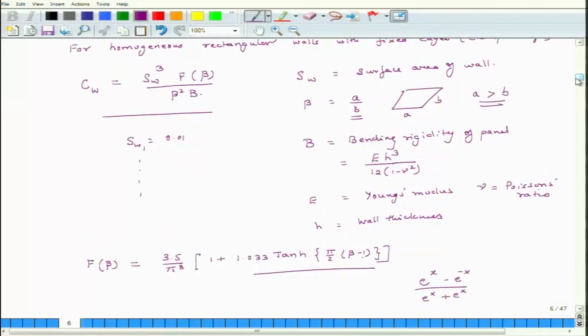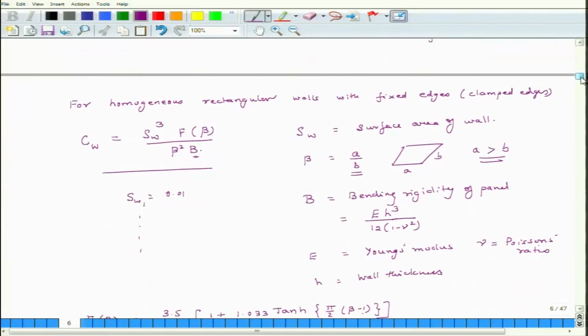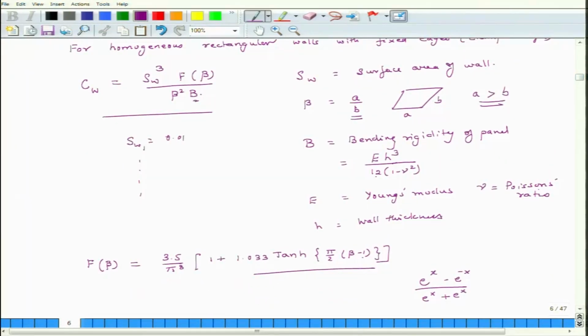Okay. So, we know how to compute all these parameters. Same thing about B. B is E times H cube, H is 0.0019, 1.9 millimeter is the thickness of the plate, divided by 12 into 1 minus mu square, mu is 0.27.